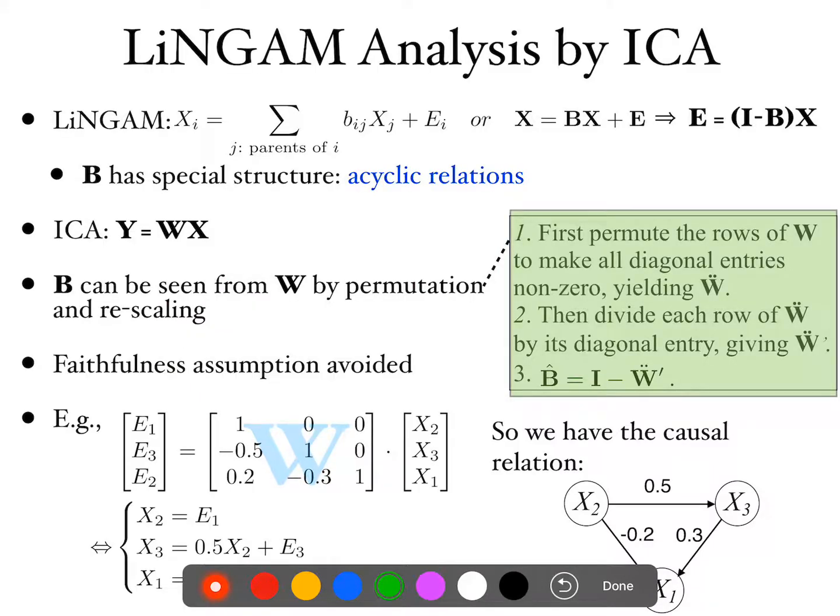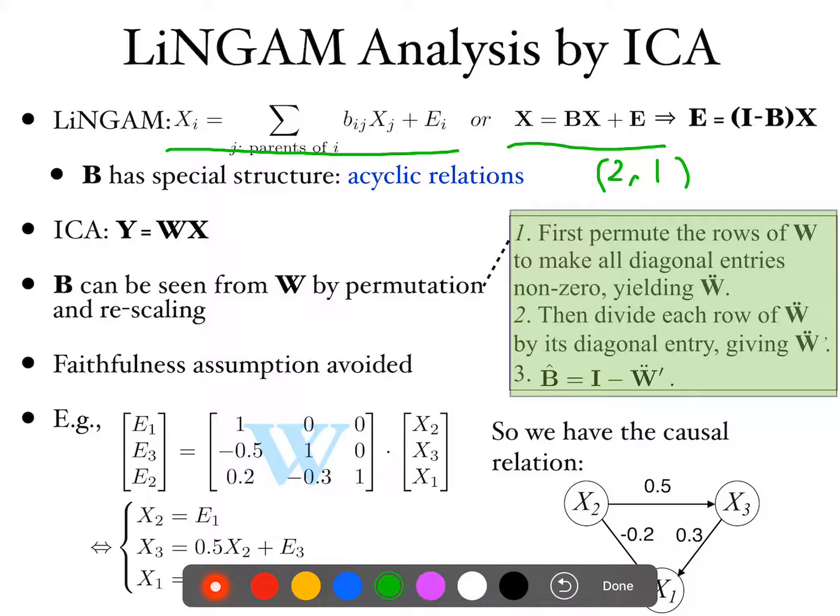And once you can do ICA, you know, oh, I can estimate the linear non-Gaussian acyclic causal model. Why? Because this is the causal model. In matrix form, we have x equals Bx plus e. B is our causal influence matrix. If x1 influences x2, then the corresponding entry of B will be the causal parameter.